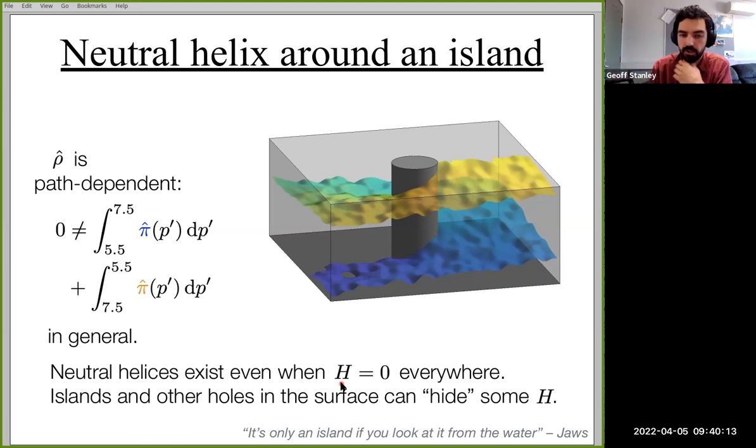And in the open ocean, you can have helicity that's non-zero that creates this pitch. My point here is that you can hide helicity essentially inside islands, and that creates a pitch of a neutral surface around the island. So this is just a theoretical point to say that it's not enough to demand that helicity is 0 in the ocean in order to get a neutral surface. You also have to demand that there's no hidden helicity.